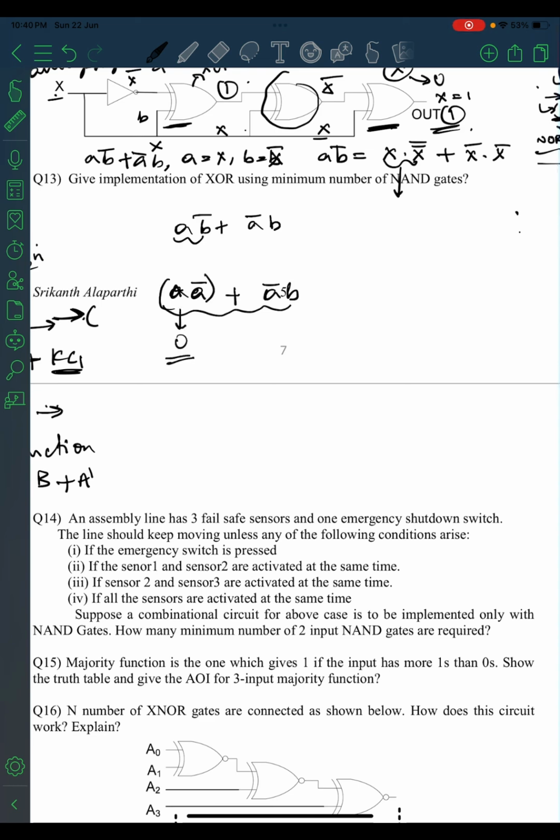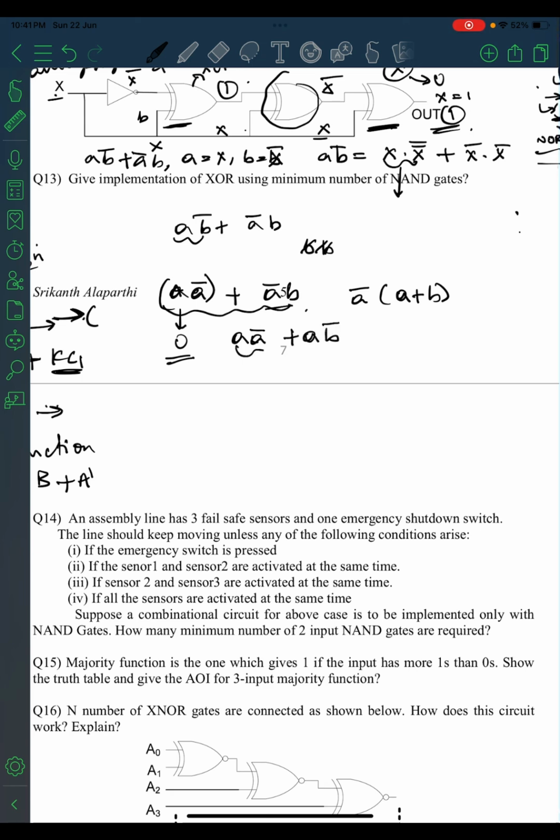So it does no harm in adding this thing, A A bar plus A bar B. Now if you remove A bar, now that becomes A plus B, right? That becomes A plus B. Or if you add B bar, sorry, A bar to A B bar.